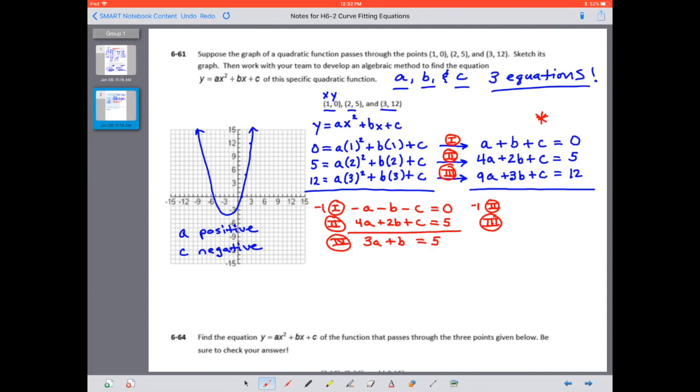So if I distribute a negative through equation 2, I'm going to have -4a minus 2b minus c equals -5. And equation 3 we know is 9a plus 3b plus c equals 12. Let's add them together. We've got 5a plus b equals 7.